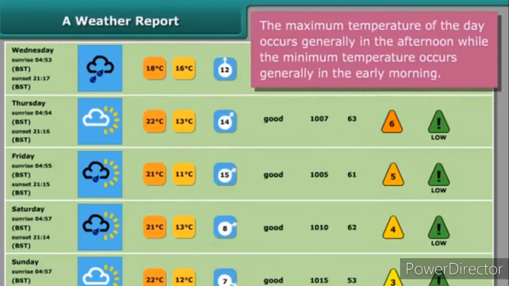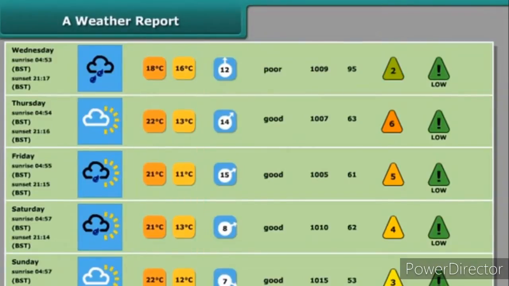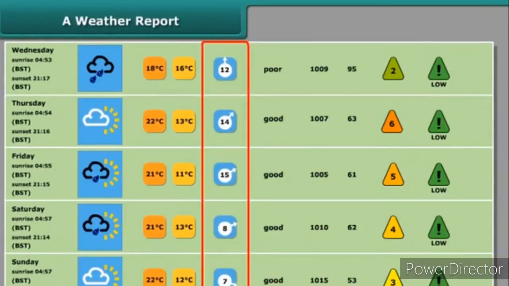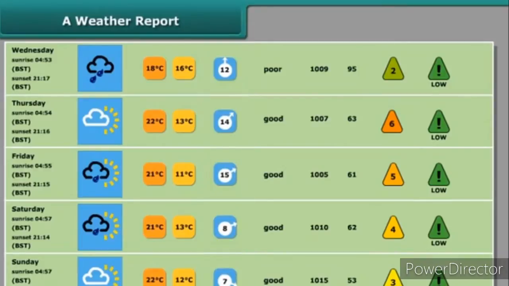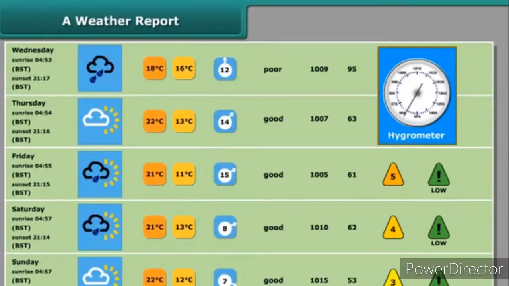Main thing is the maximum temperature of the day occurs generally in the afternoon and the minimum during the night. Some days are good for us and some are bad. Some of the weather we like the most and some we hate.